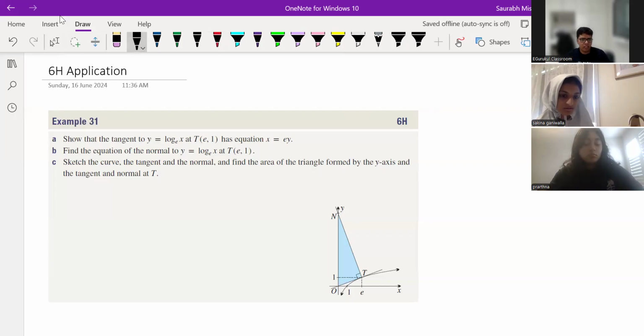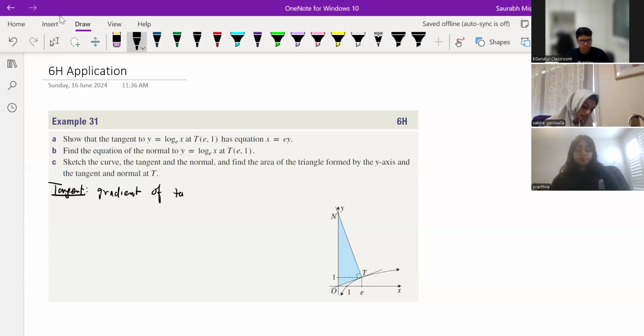Okay, so gradient, let's talk about tangent first. Gradient of tangent is equal to d/dx of ln x, right? Which is 1 by x, isn't it?